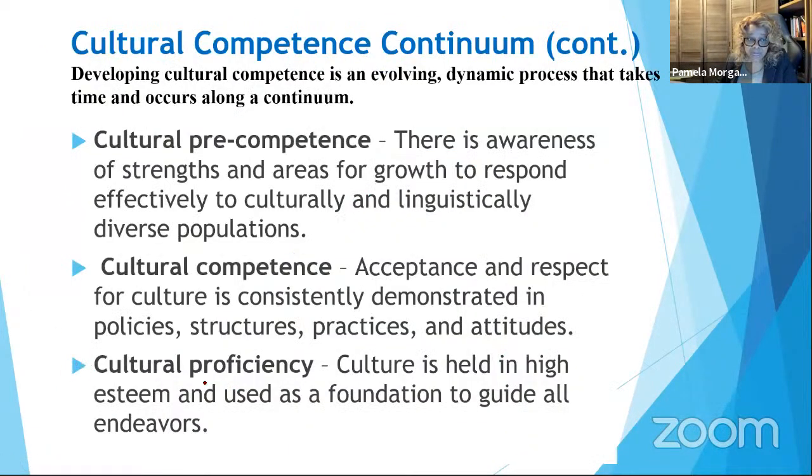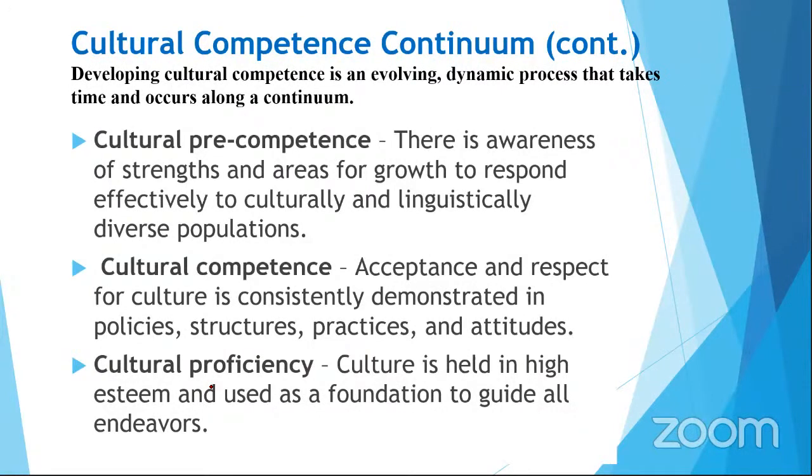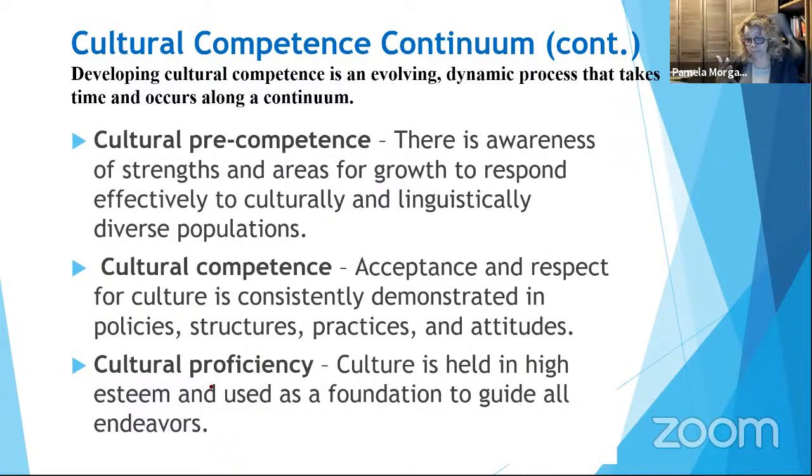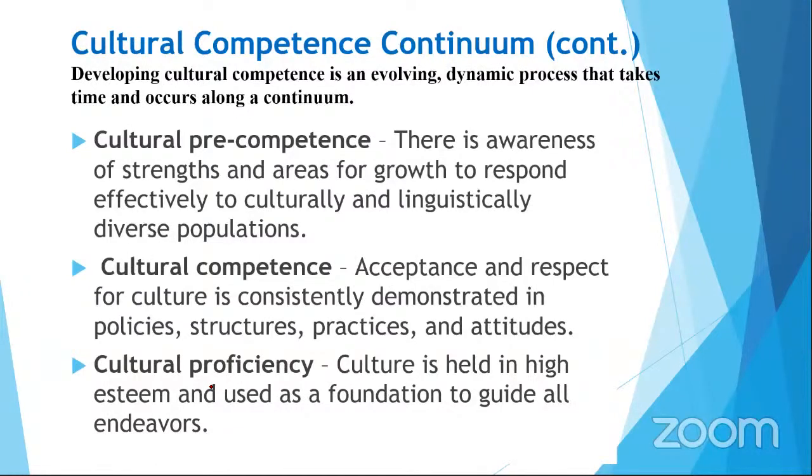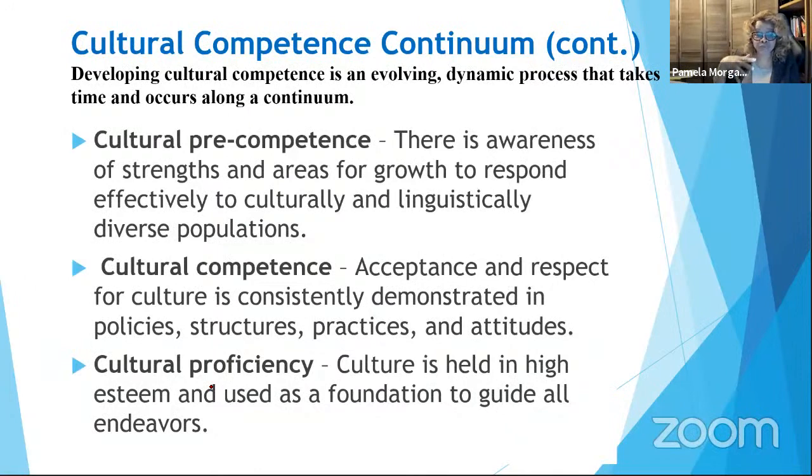looking at cultural pre-competence, you know, we have to look at our prism and how we see things and our view. What are we viewing others' cultures through? We're viewing it through our own culture or our own prism or our own filter.